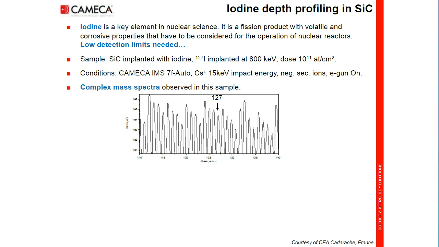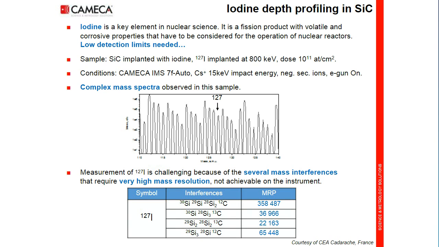In fact, when we compute the list of mass interferences near the mass of iodine 127, one can see that there are several close interferences involving the major matrix elements silicon and carbon. Classical high mass resolution conditions cannot be used in this case, as the required mass resolving power cannot be achieved on the SIMS instrument.